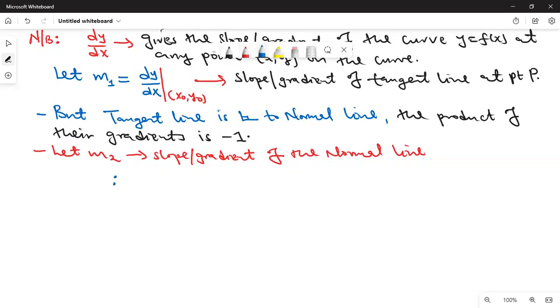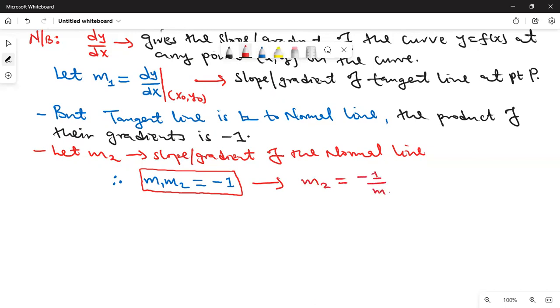It means that the product m1 times m2 should give us -1. That is the condition for two lines to be perpendicular: if you multiply their slopes, you need to get -1. So if you know m1, it is possible to get m2. From here, m2 is simply equal to -1 over m1. So we now know how to find the slope of the normal line and the slope of the tangent line.